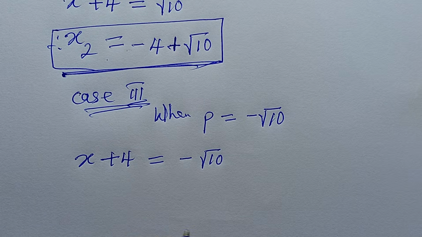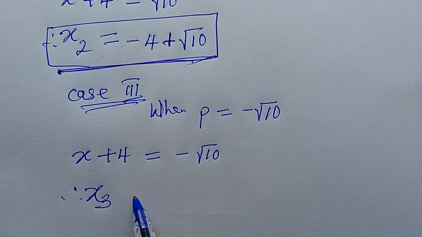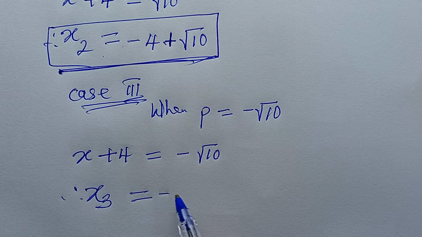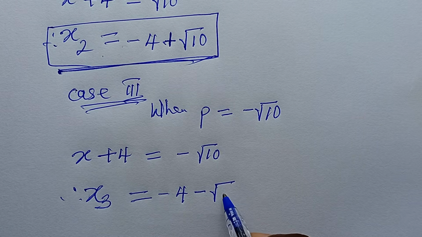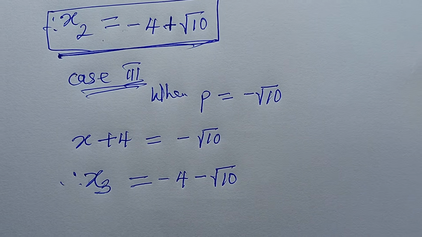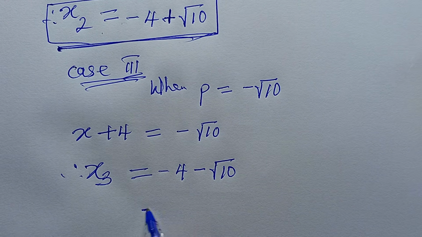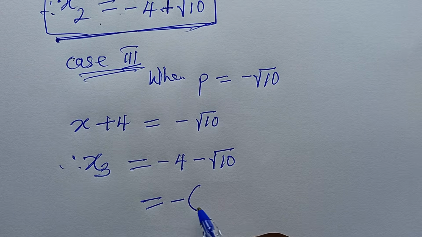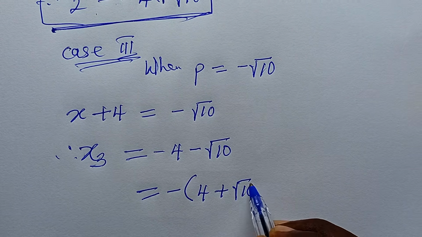Then move this to this side, we're going to have our x, therefore, which is x3, will now be equal to negative 4, then minus square root of 10. Now we can rewrite this as minus into 4 plus root 10.